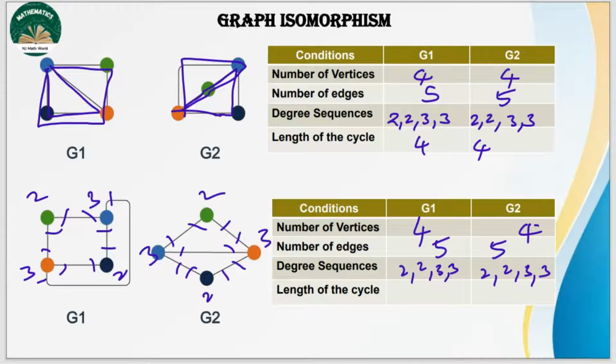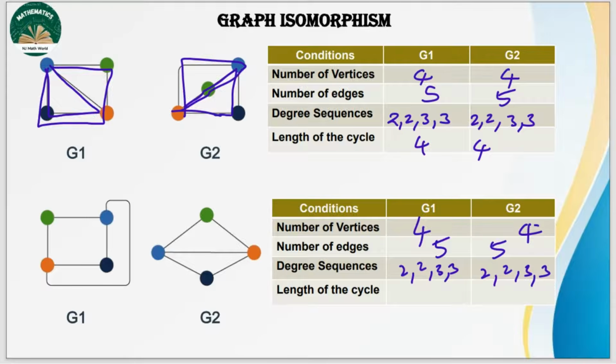Then the length of the cycle should be the same. We'll just check whether the length of the cycle is the same for both graphs. If it is the same, then it is isomorphic. Here the cycle is 1, 2, 3, 4, and here also I can take 1, 2, 3, 4. It is the same, 4 and 4, for one cycle.